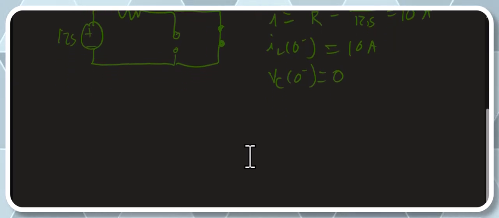So now if we convert this to the S domain, after time t equals 0, we don't really have a voltage source anymore. So that is not going to be anything.